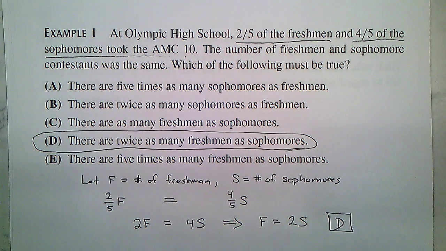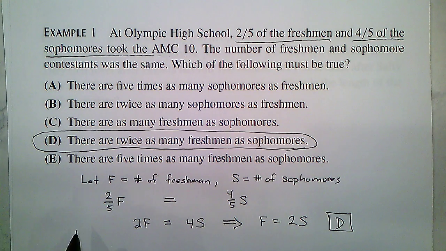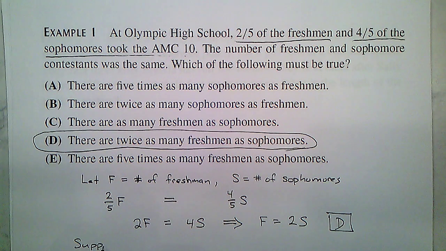Okay, so not too bad. Now, for a problem like this, you probably didn't have to go about this business of setting variables. For example, in this case, you could probably just use numbers. So suppose you have 100 freshmen.